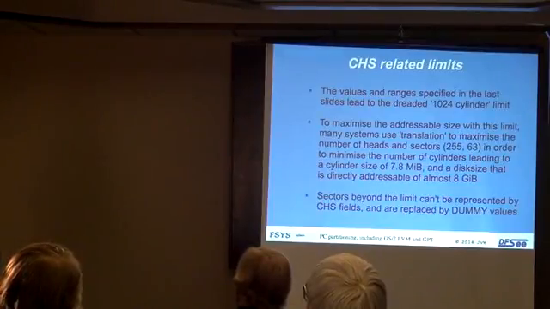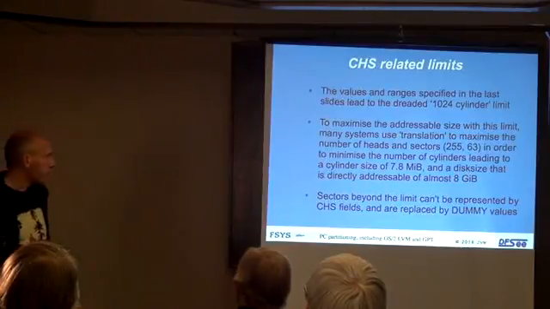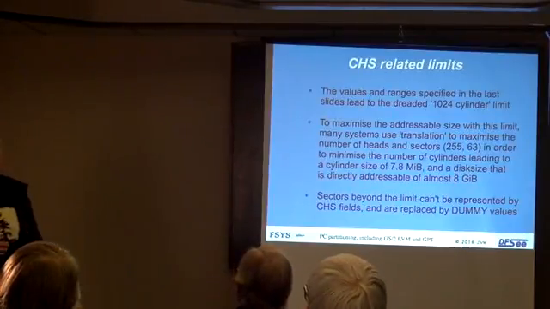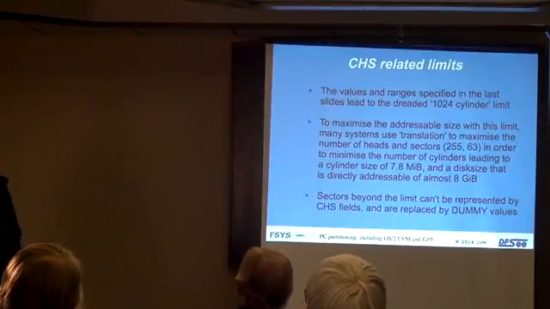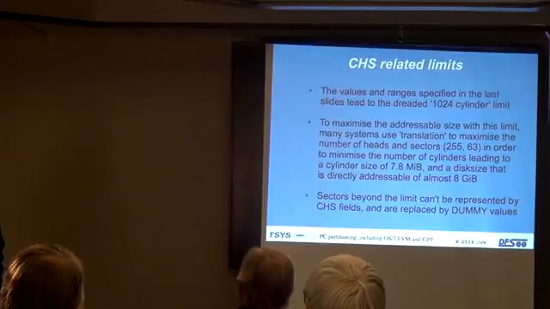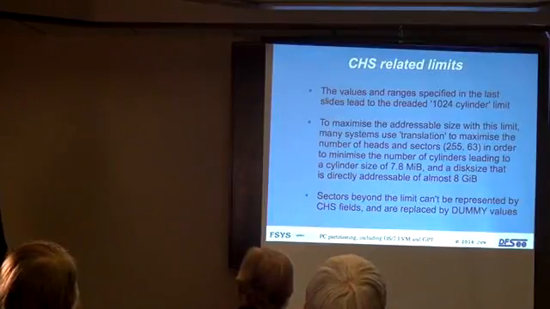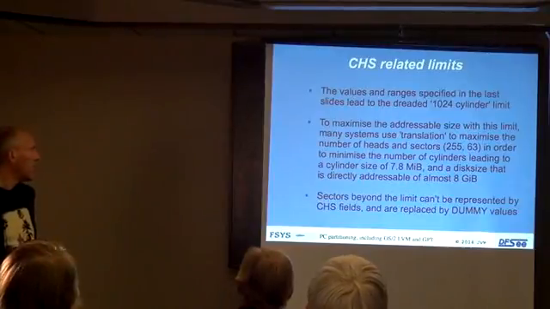I just used the classic geometry with 63 sectors per track, and that works. But eComStation will not be able to address anything over 500 gigabytes, which is fine by me, because I've got a large Windows data partition beyond that, and 500 gigs is more than enough for eComStation. So no problem.